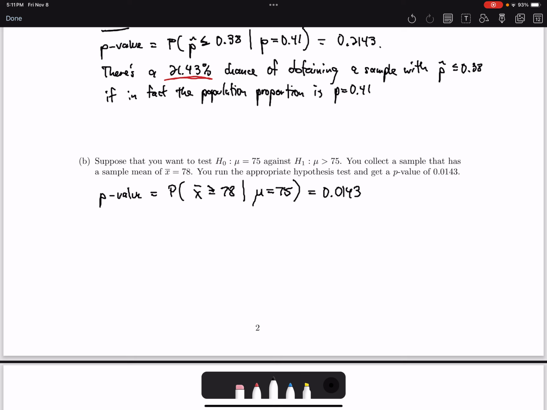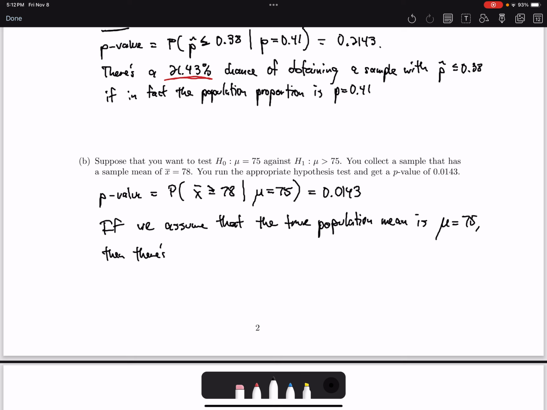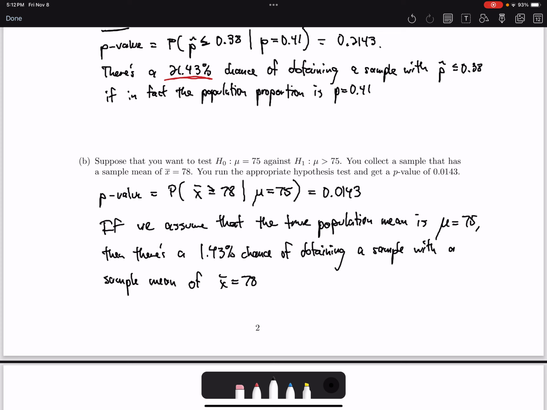So if we assume that the true population mean is 75, that the true population mean is mu equals 75, then there's a 1.43% chance of obtaining a sample with a sample mean of x bar equals 78 or more. Okay, so that's how we would say it in words.